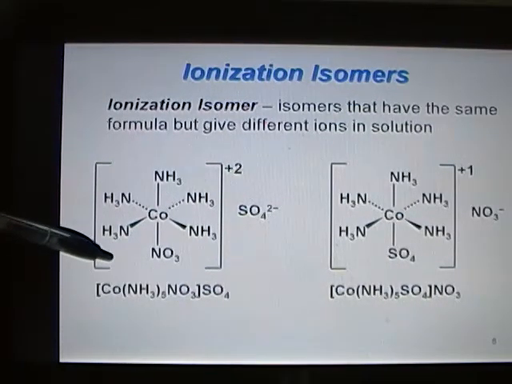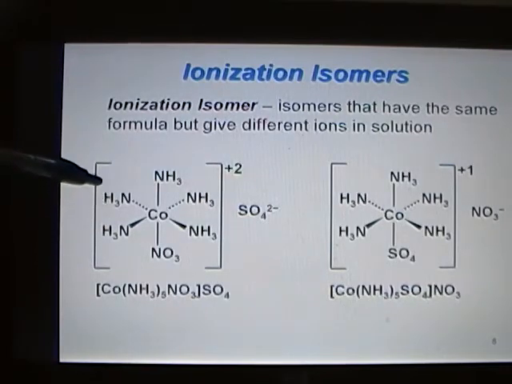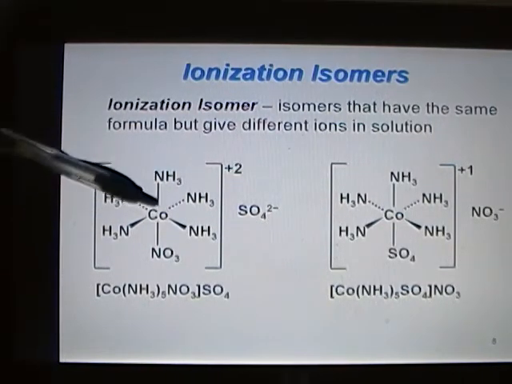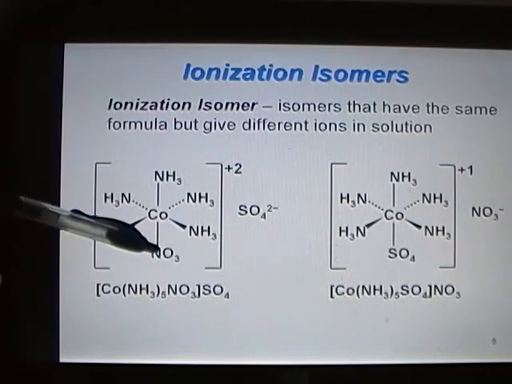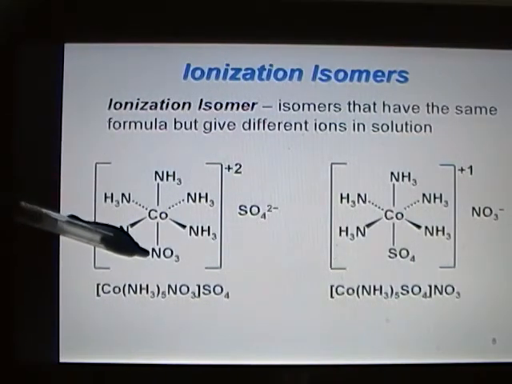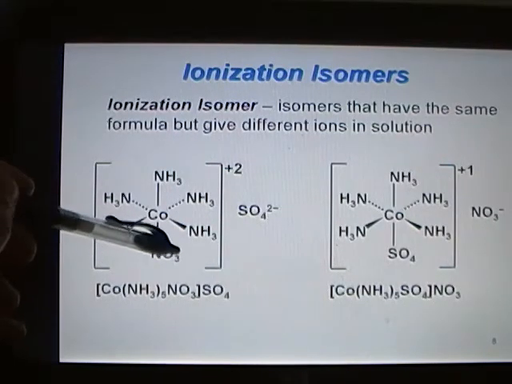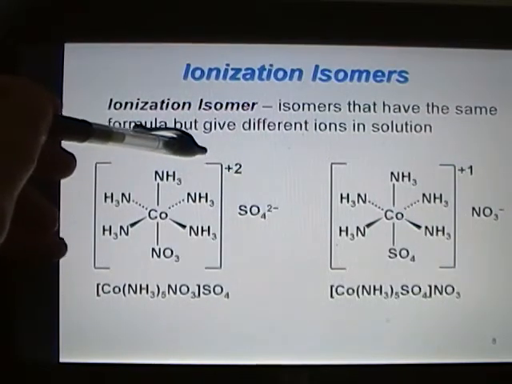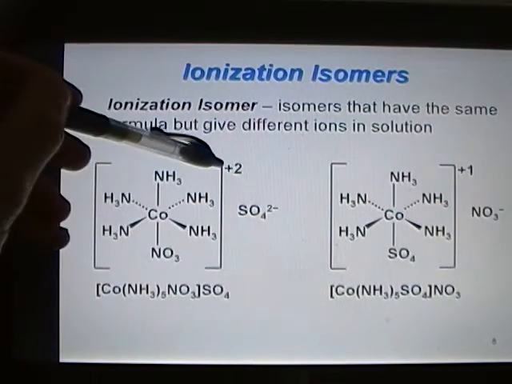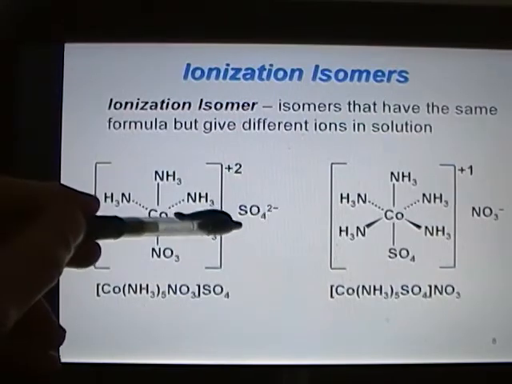If you look at the structure, you will see that the cobalt is bonded to 5 NH3s, the neutral ligands, and 1 NO3 minus, which is an anionic ligand, giving this entire ion a +2 charge.